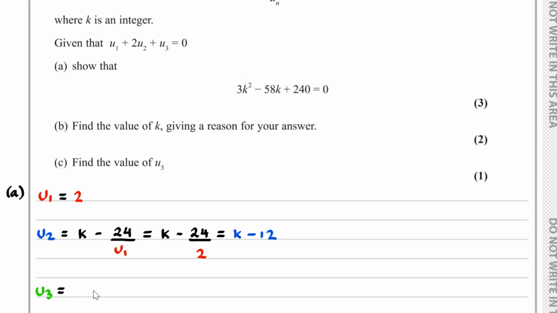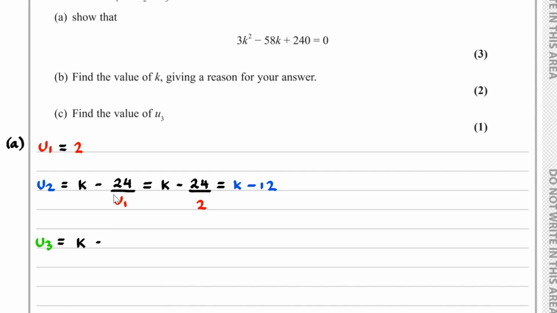U3 is equal to k minus 24 over U2. So we have k minus 24 over U2, which is k minus 12.